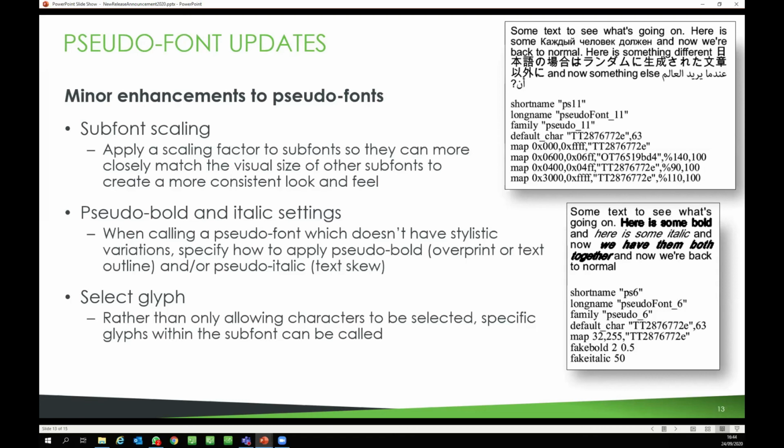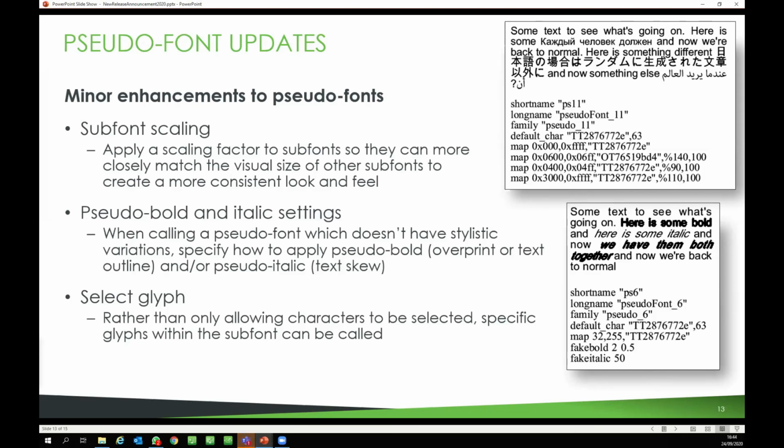We've also provided a way of creating pseudo bold and pseudo italic configuration in your pseudo font. I can't remember when it was, it might have been version 10 or something, we extended pseudo fonts so they obeyed the font family structures.